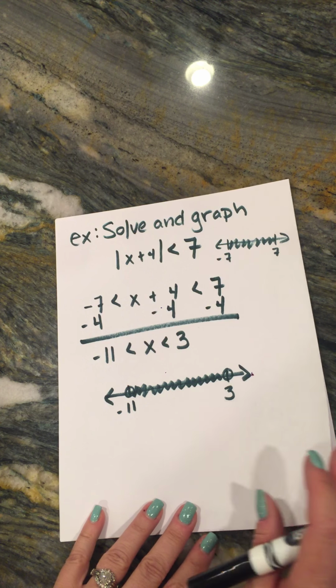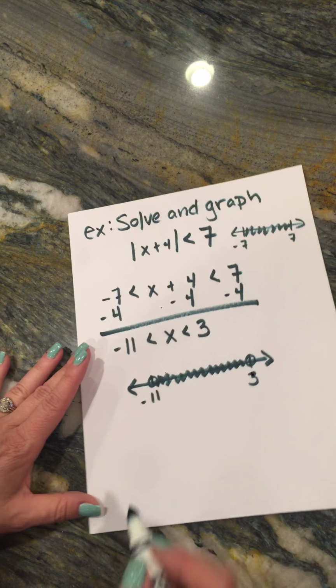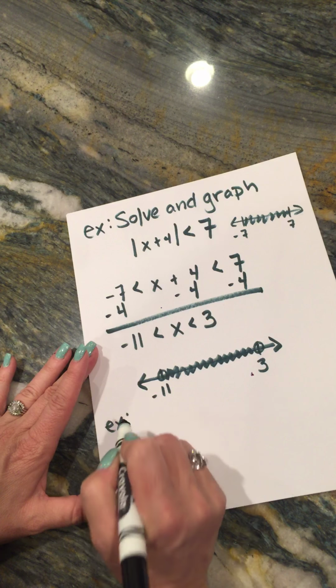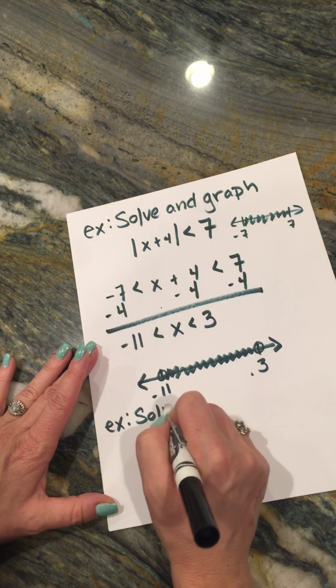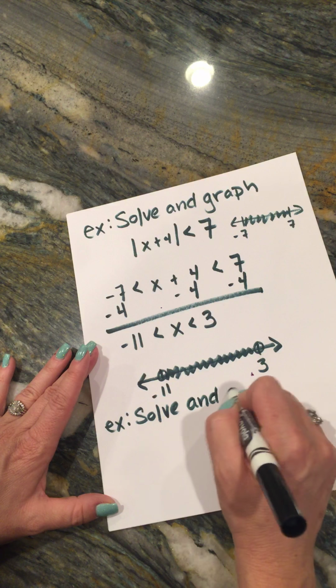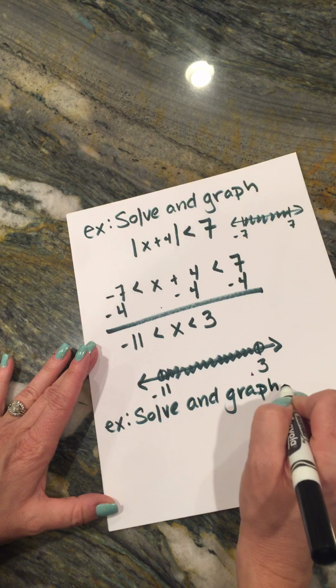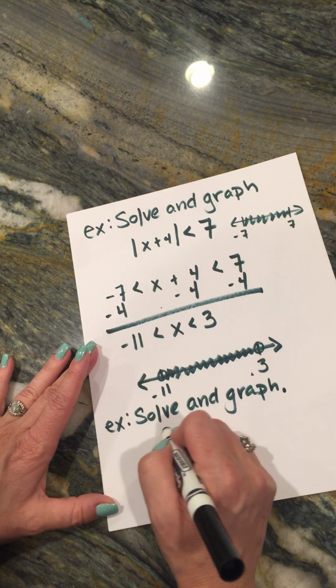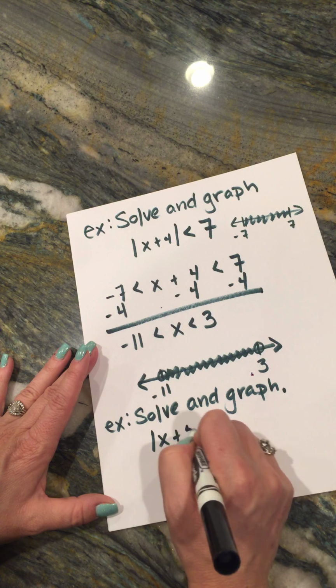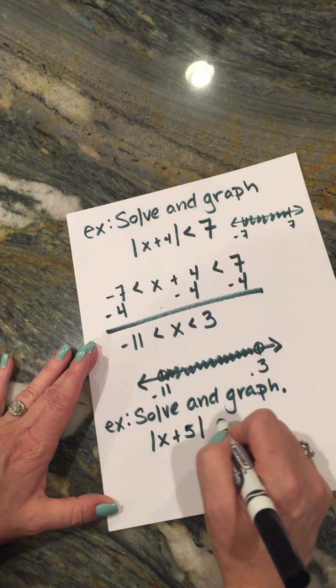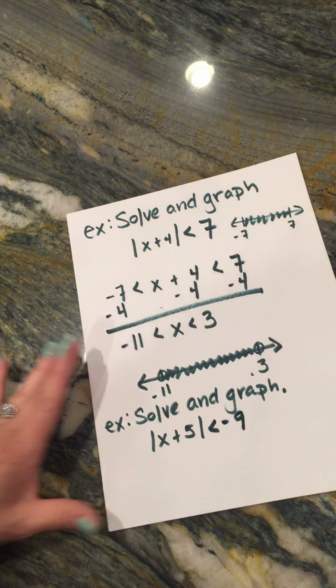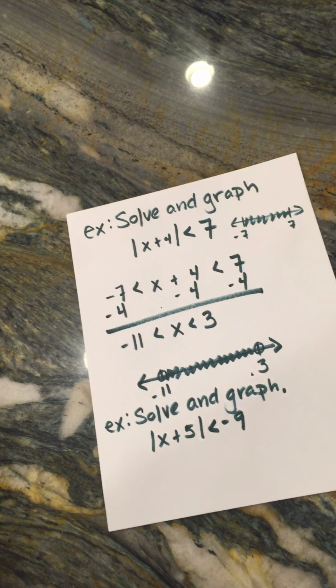Okay, so let's do one more example. We're going to solve and graph. Solve and graph the absolute value of x plus 5 is less than -9. Wait a second.